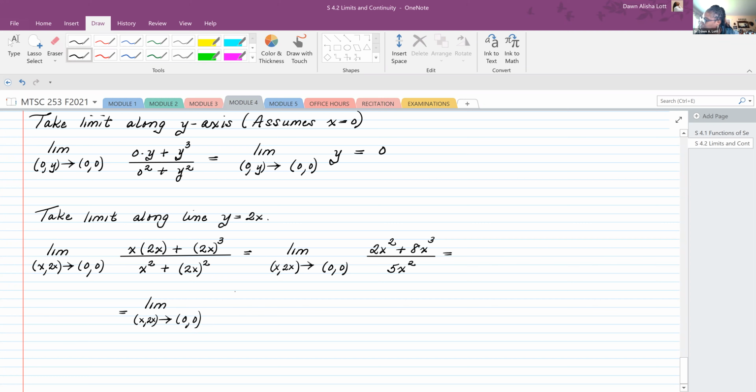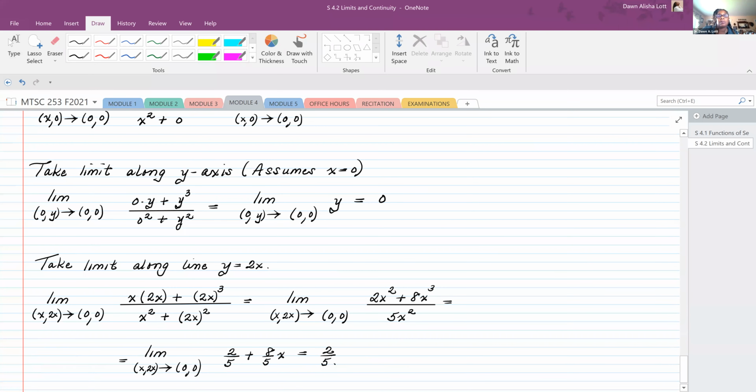And that turns out to be 2/5 plus 8/5 x, and that turns out to be 2/5. And that is a problem because now I have the limit, I have something else.